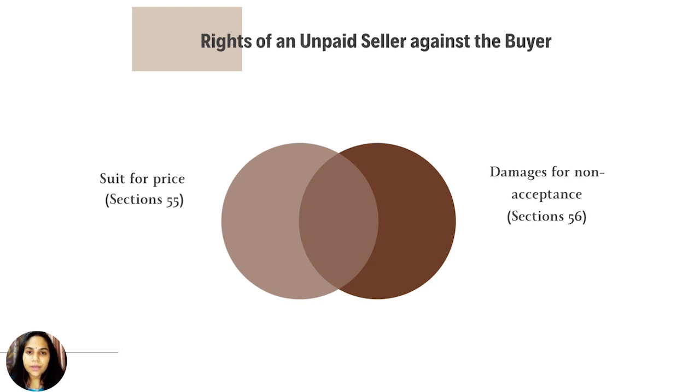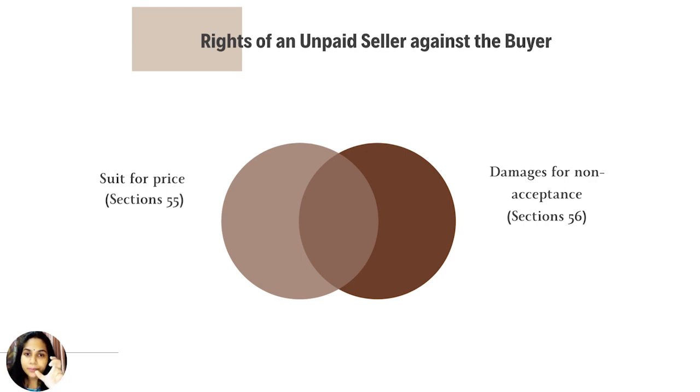Okay. Next topic is rights of unpaid seller against the buyer. Under this context, section 55 and section 56 are relevant. Let us see what they are. Section 55 talks about suit for price, and there are two situations given.